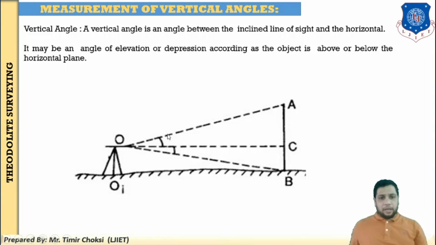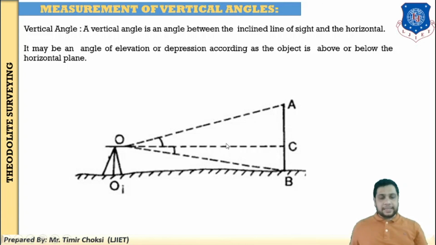Here angle OAC is the angle of elevation, because the angle is between the inclined line OA and the horizontal line of sight OC. This angle is called the vertical angle. Similarly, here OC is the straight line and OB is the inclined line, and the angle between them is also called a vertical angle.